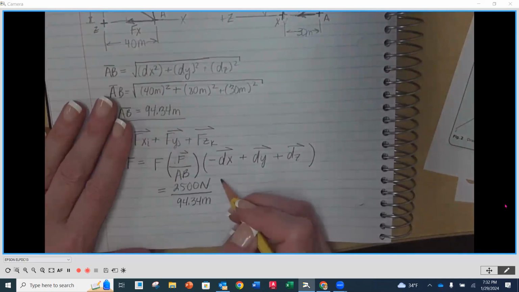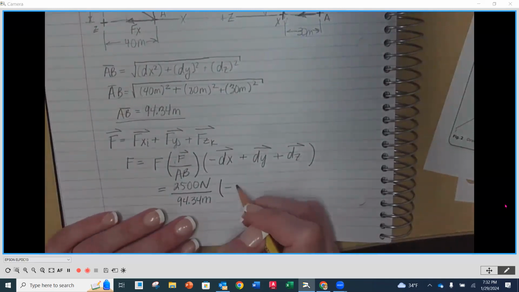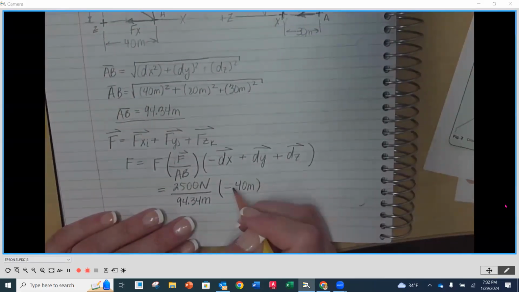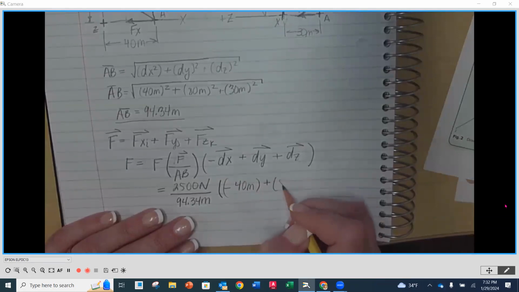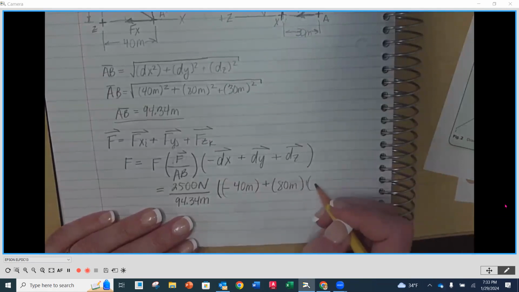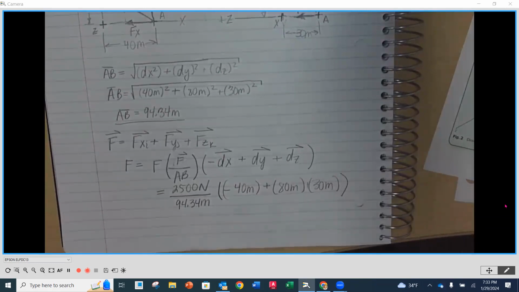And then we're going to multiply that by our negative 40 meters, okay? Plus vectorially our 80 meters plus 30 meters. Okay, so that's our i, j, and our k, or our X, Y, and our Z.